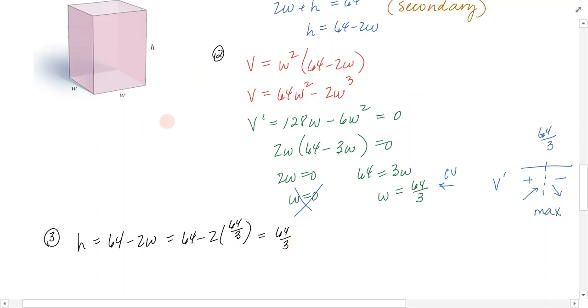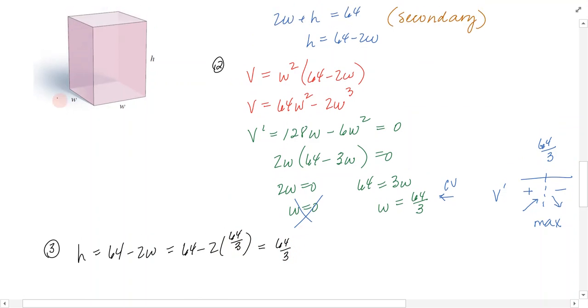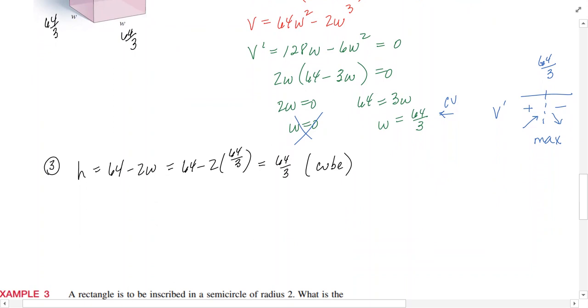So what that tells me is that we would have a width of 64 thirds here and here, because we said it's the same, but we also know now that the height is 64 thirds. In other words, we would have a cube, wouldn't we? So we would have a cube for our maximum dimensions, and then the volume representing that cube is going to end up being 64 thirds raised to the third power, and that ends up being 9,709 cubic inches.